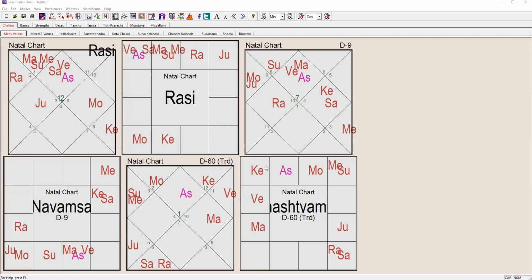And if I talk about Navamsha, then Navamsha is Libra rising, which is the 8th house of the Rashi chart. If anywhere I can see the 8th house rising in Navamsha, then there would be some physical illness involved in life. So that way I can interpret.